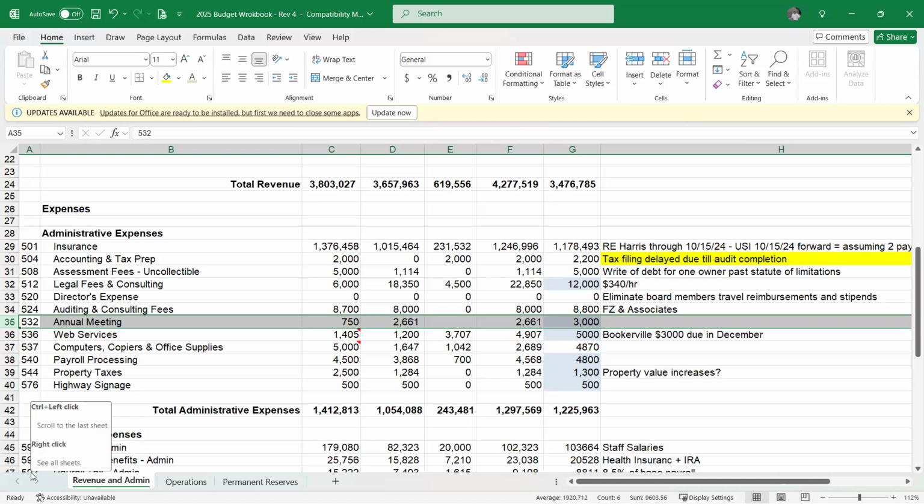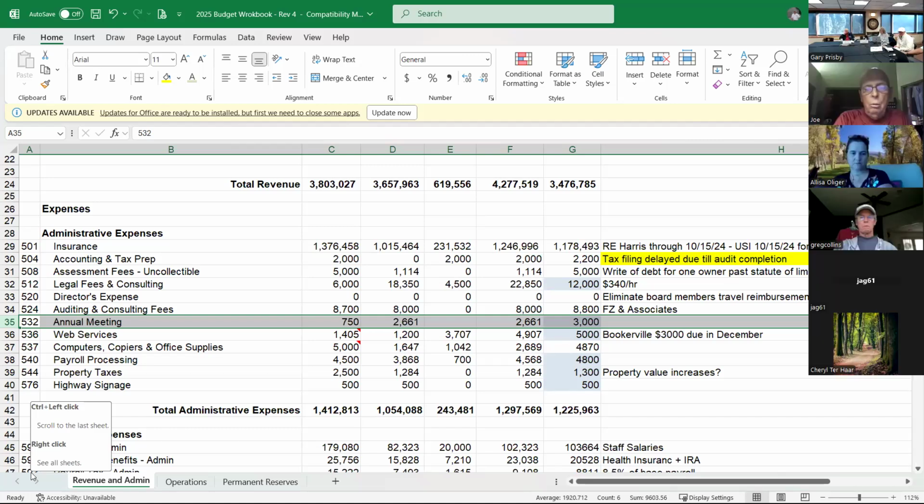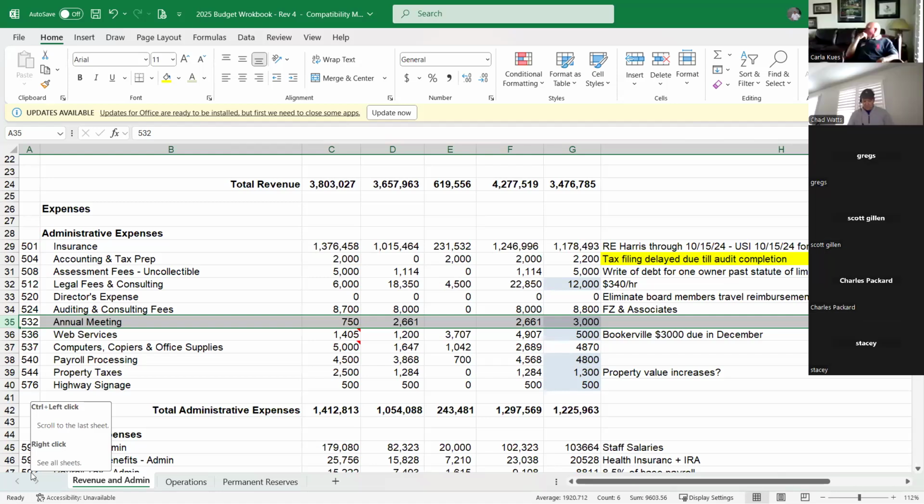And I would rather deal in what the reality is that we expect in net revenue or net cost than inflate this number, which raises the total expenses and has the potential for creating a larger increase in association dues.